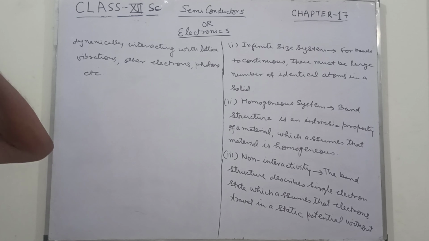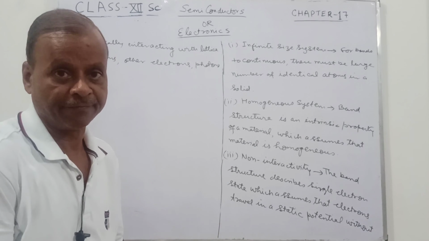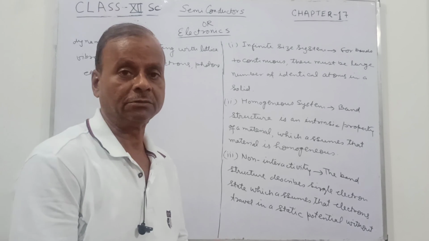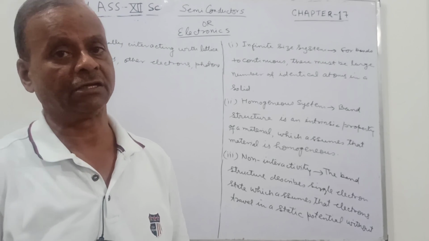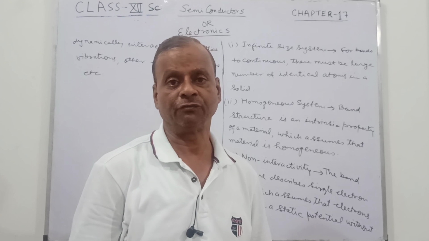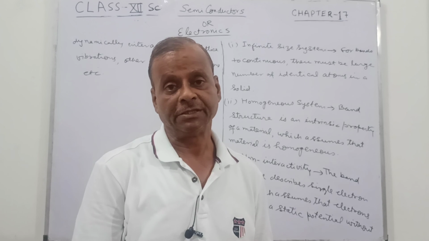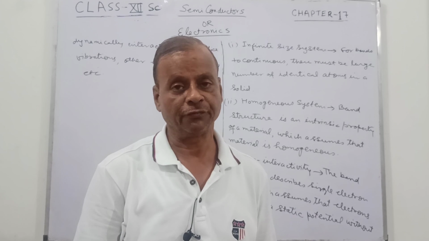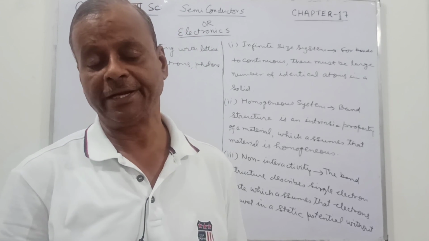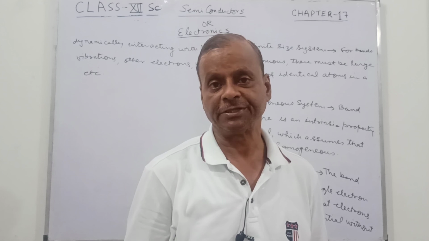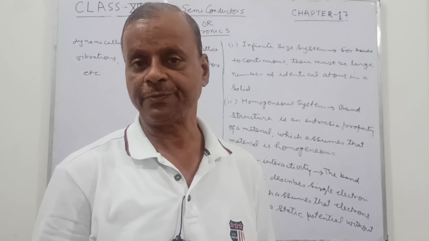So these are the assumptions on which the band theory is based. If these are followed, then there is formation of energy bands in solids. When the atoms are far away from each other, they have discrete energy levels, and when they are brought together to the interatomic spacing, there is an overlapping of the electron orbitals, and the electrons formerly present will occupy the new orbitals following the Pauli exclusion principle.